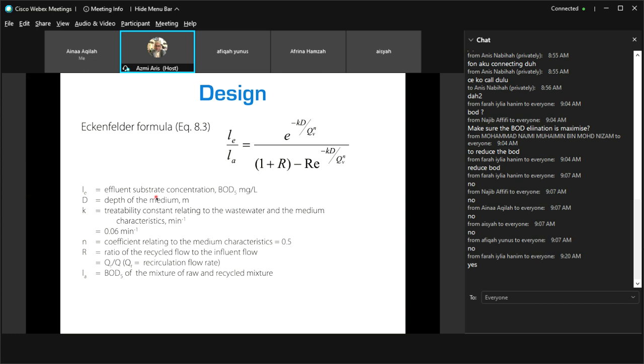So the mixing of BOD of the raw and the recycled is LA. Okay, and LA can be calculated using this equation: Li plus R Le, divided by 1 plus R. Okay, so these are the only equations that we will use in our design of trickling filter.